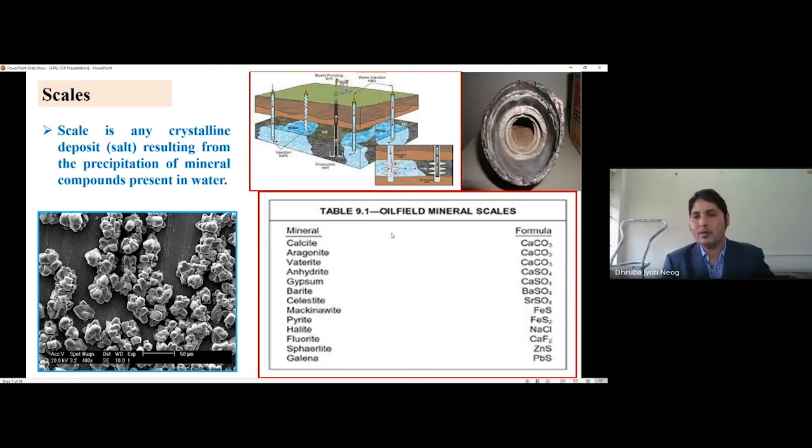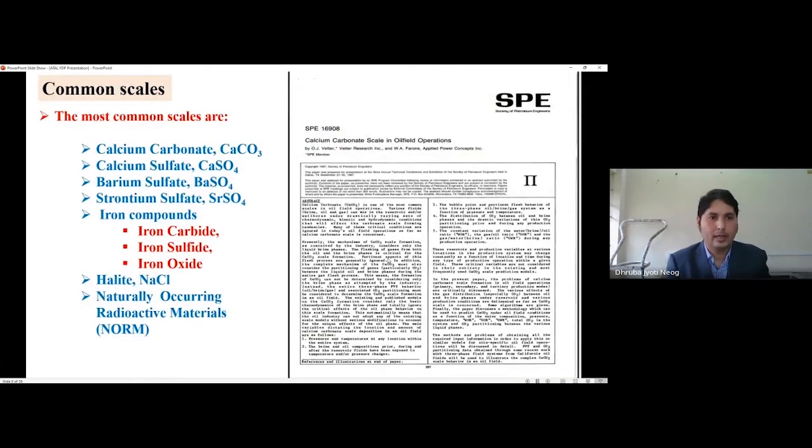So these are the different oil field minerals which have the potential to cause scaling issues. The most common scales found in oil production systems are calcium carbonate, calcium sulfate, barium sulfate, strontium sulfate, and iron compounds, iron sulfate, iron oxide.